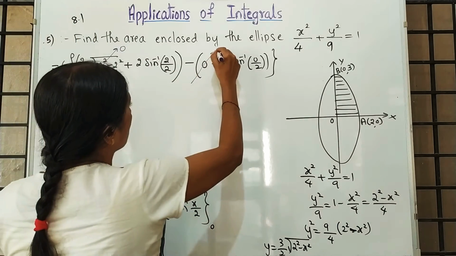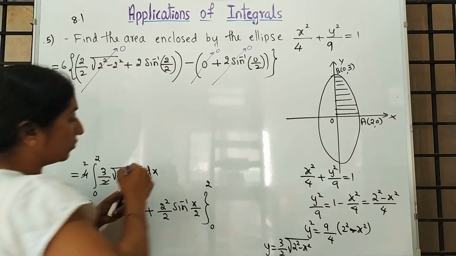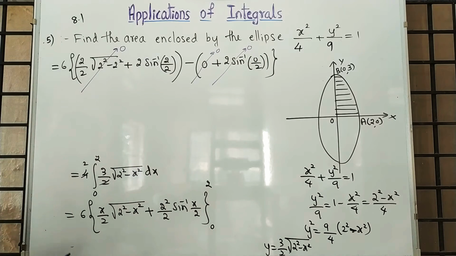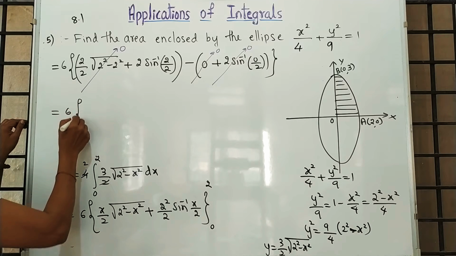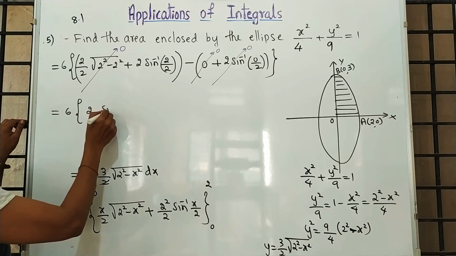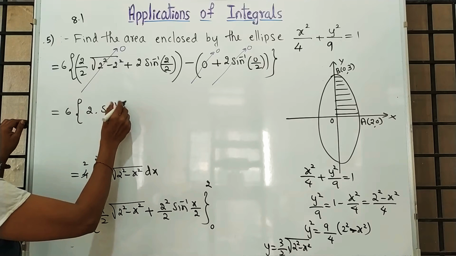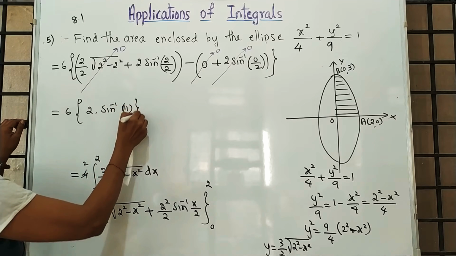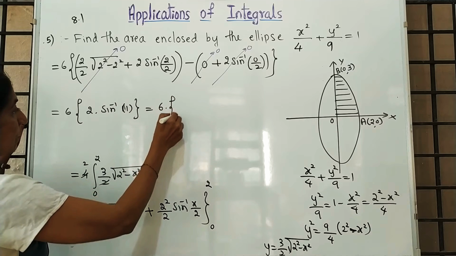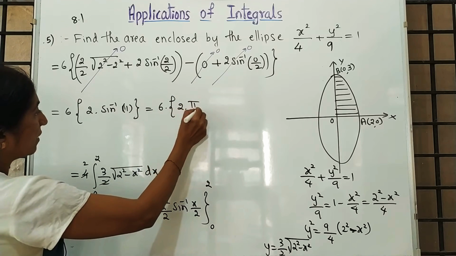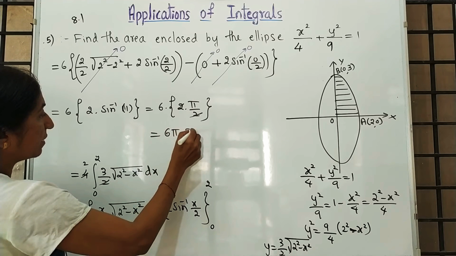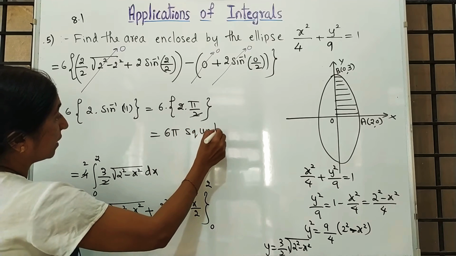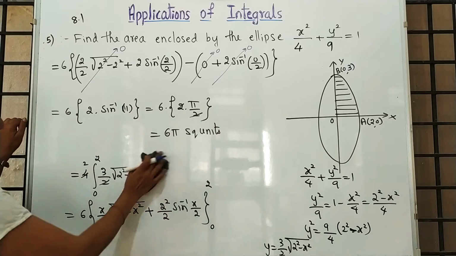Even this is 0 and this part is also 0. No need to write that part. It is 6 in the bracket 2 into sine inverse of 1. Remaining parts are 0. 2 into pi by 2. And already we are familiar, it is 6 pi square units. We know that it is pi AB, A is 2, B is 3.